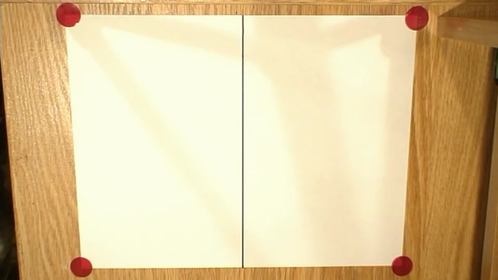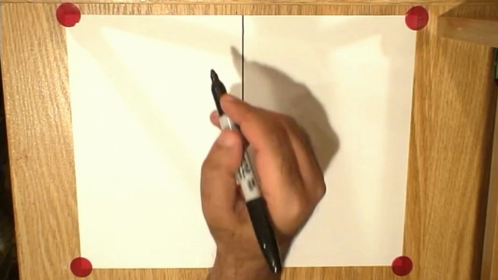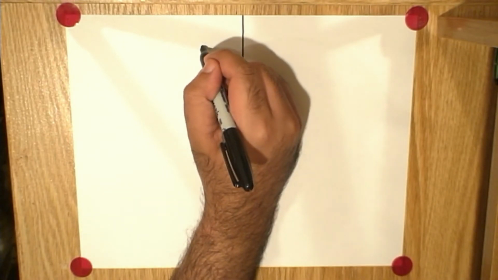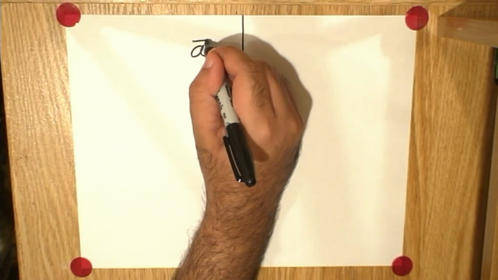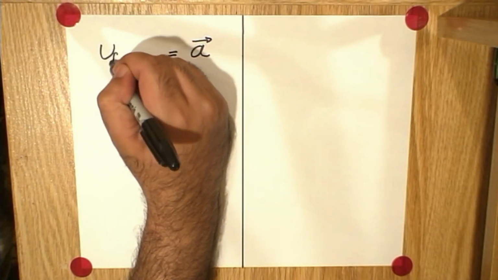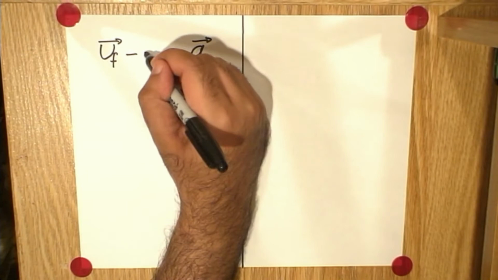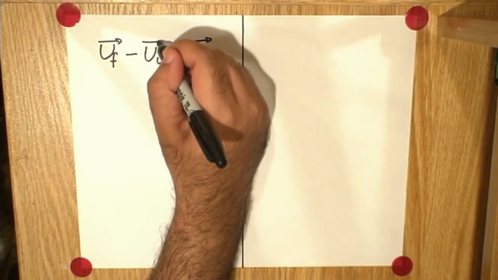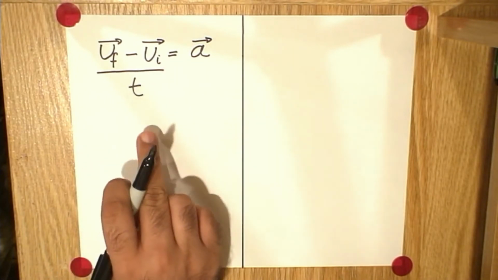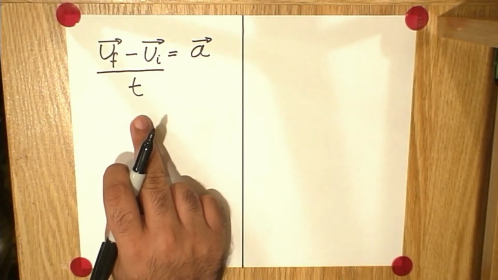Let's start with acceleration. The definition of acceleration, I'm going to write it slightly differently, is like this. Acceleration is equal to final velocity minus initial velocity, all divided by time. This is the definition that we used in the 101 class.